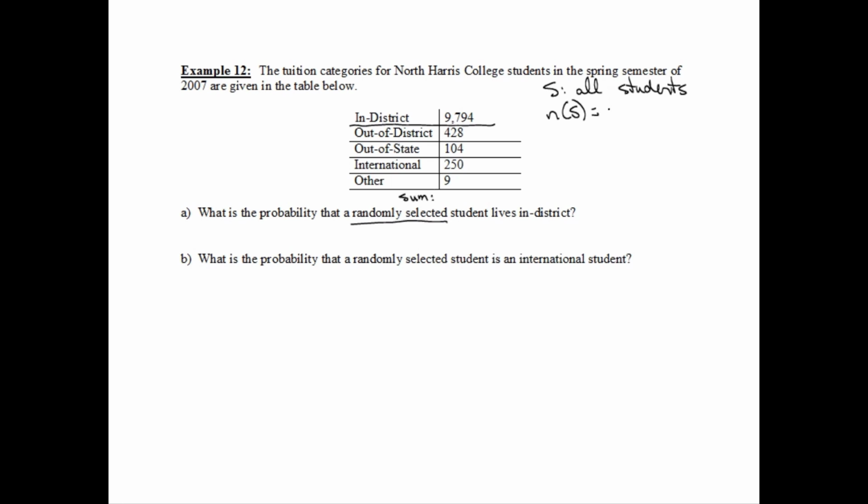Take your 9794 plus your 428 plus your 104 plus your 250 plus your 9. Punch all of this into your calculator and see what you get. Why don't you do it along with me? I get 10,585.